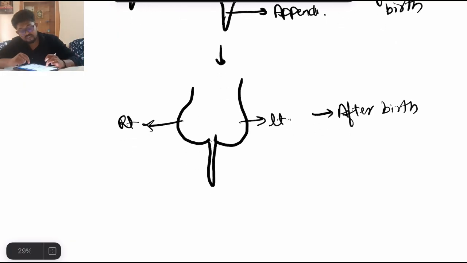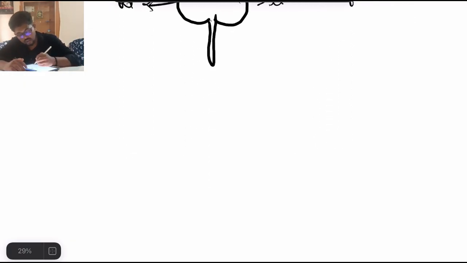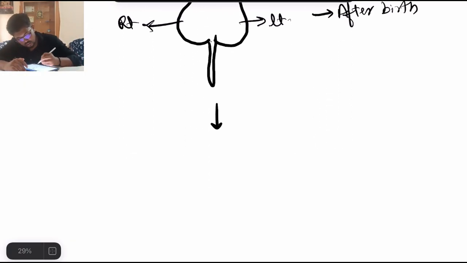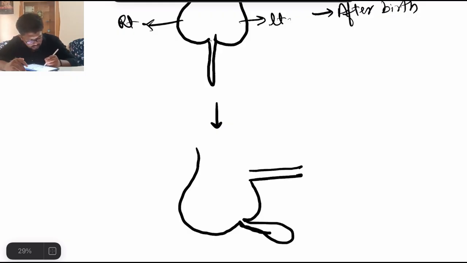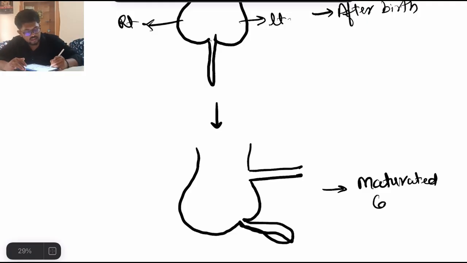So after that, when it is fully grown, the right saccule will grow more than the left saccule, and this is the ileocecal junction, and this is where the appendix is present. So this is the matured, or you can say fully grown cecum.